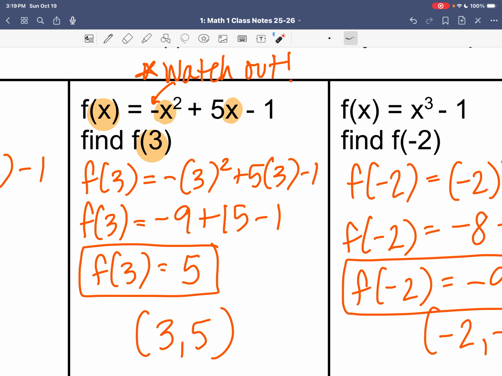So you should have f of 3 equals negative parentheses 3 squared plus 5 times 3 minus 1. Go ahead, simplify it. So remember, 3 squared is 9, but then we're bringing this negative down to make it negative 9. Minus 15 minus 1, you get f of 3 equals 5. So this is the function notation. If it asks to write it as an ordered pair, that's your ordered pair.